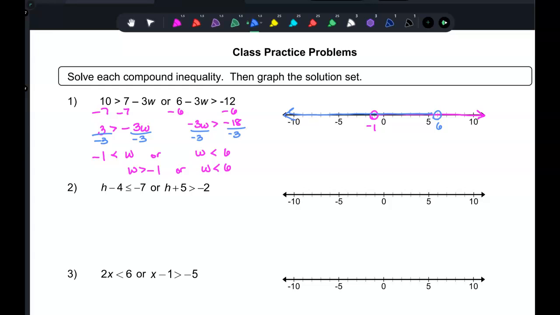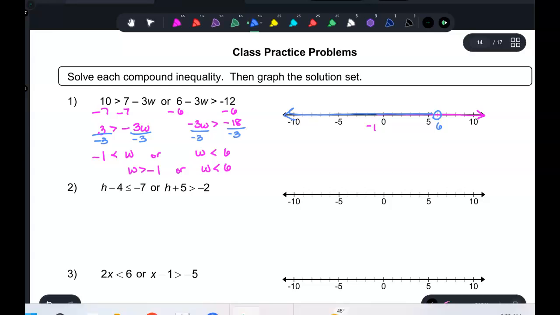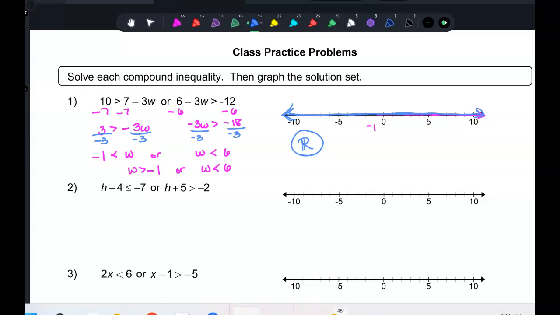And what are we actually going to write? What happens when we have all possible answers? All real numbers. So in this case, I'm going to use our fancy R with the extra line, because whenever we have the word "or" and they overlap the whole number line, remember I said anything shaded. Well, if we shade the whole number line, that means it's going to be all reals.